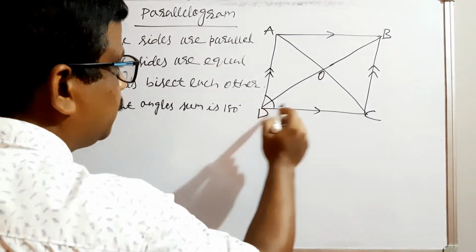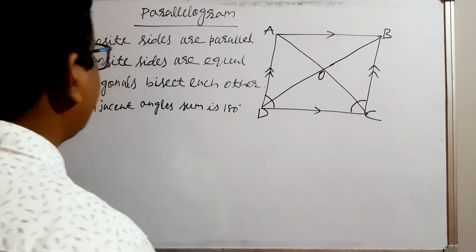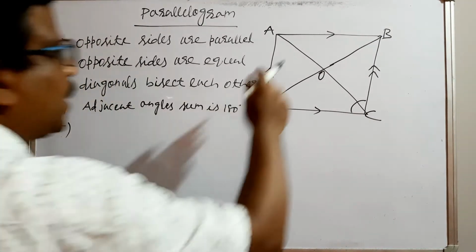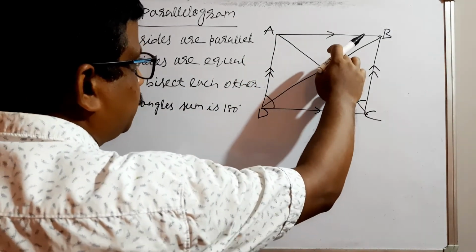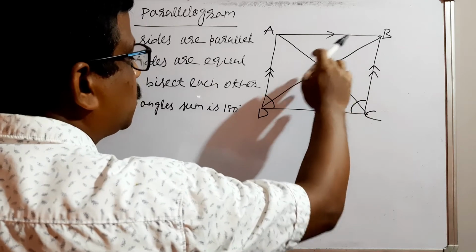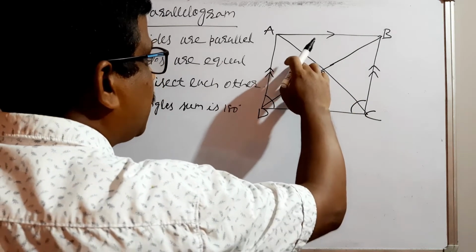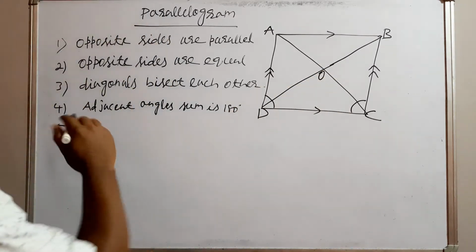Suppose this angle plus this angle is equal to 180 degrees. Then the fifth property is that the diagonal AC divides the parallelogram into two congruent triangles. Similarly, BD also divides the parallelogram into two congruent triangles.